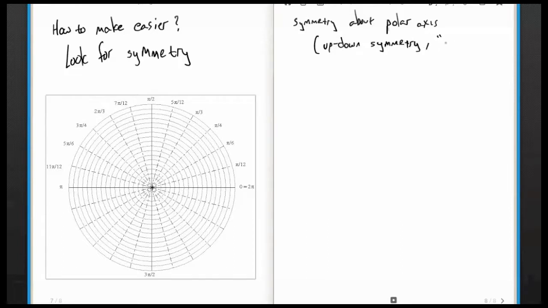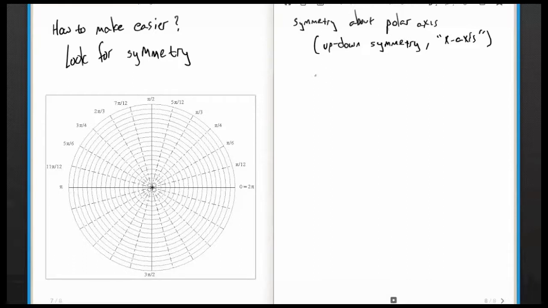Or, I hate to do this, but I'm going to do it anyway. It's kind of similar to symmetry about the x-axis. There are no x and y axes on the polar coordinates, but we're pretty familiar with this being the x-axis. It's really the polar axis or up-down symmetry. All right, so how does that work?